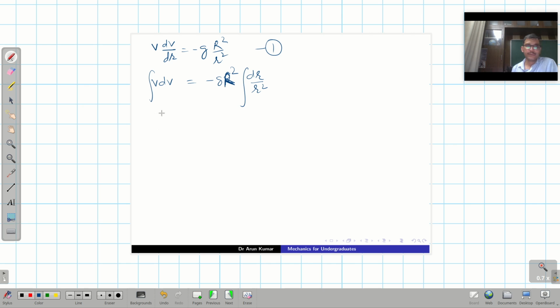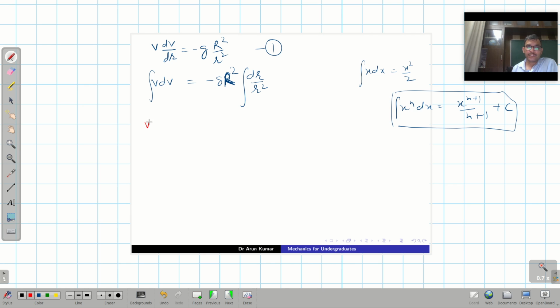So the integral of this, as we know that the integral of x dx is equal to x square upon 2, right? Or x raised to power n dx is equal to x raised to power n plus 1 over n plus 1, plus some constant. This is the formula which I am using here.